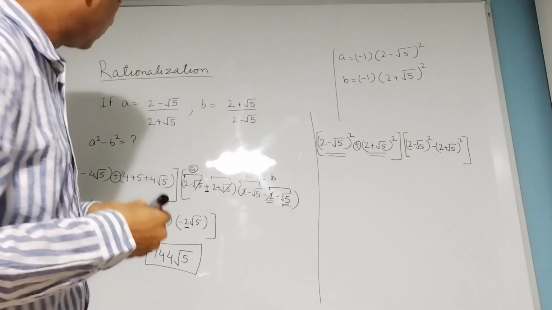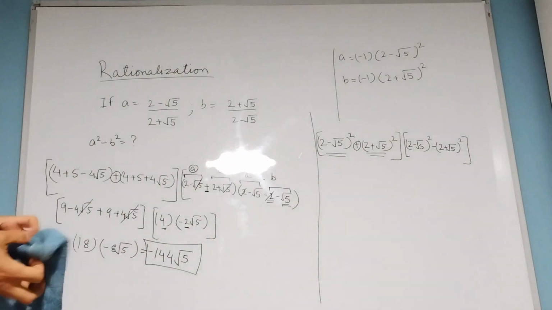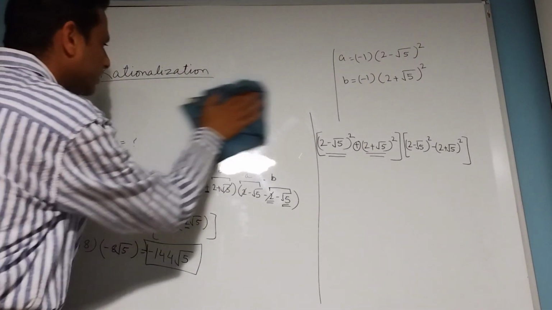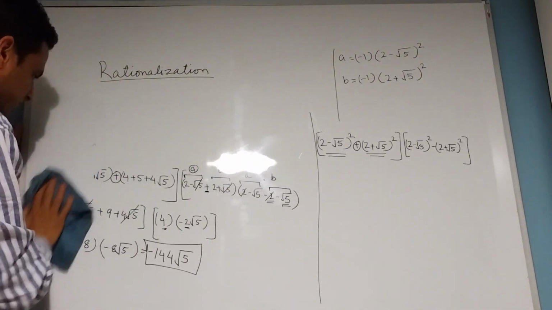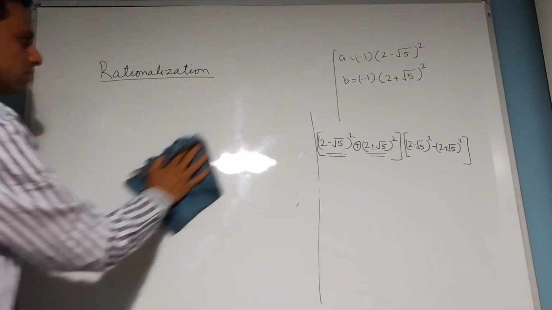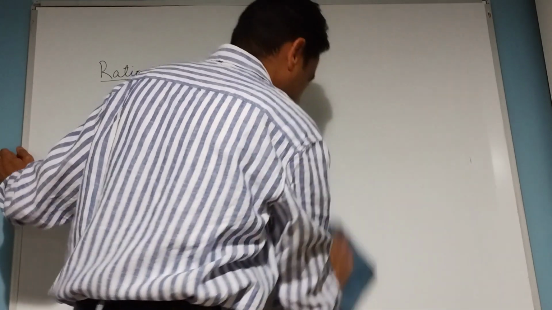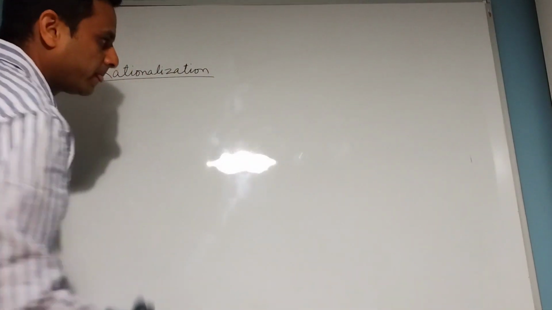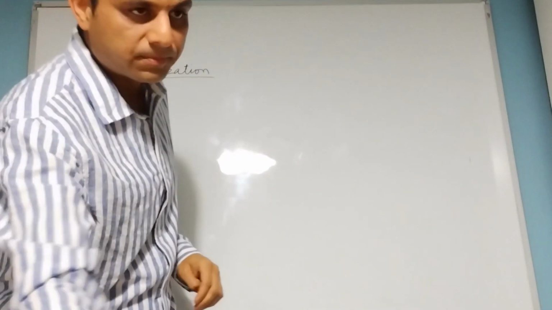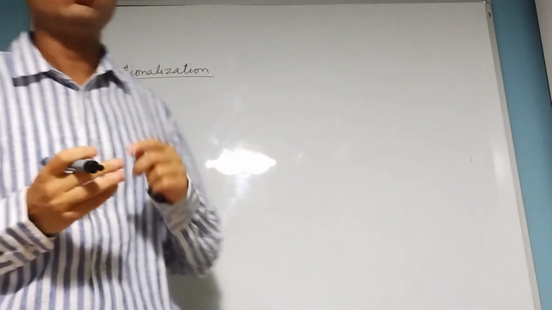Let's try to solve another kind of question now. You can get in the exam or in the competitive exam a question which is not just simply asking you to rationalize, but also to use the concepts of rationalization in solving an equation.